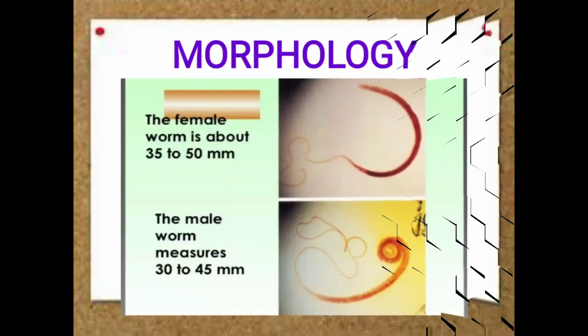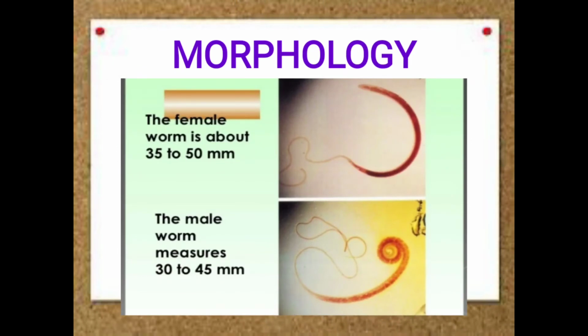So the morphology. What are the morphological characteristics of Trichuris trichiura? The female worm is about 35 to 50 millimeters and the male worm measures 30 to 45 millimeters, meaning the female worms are longer than males.